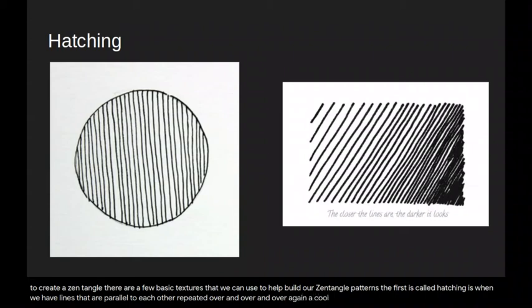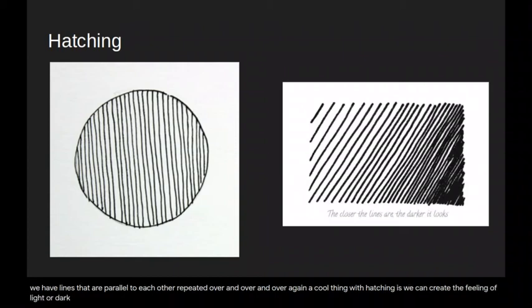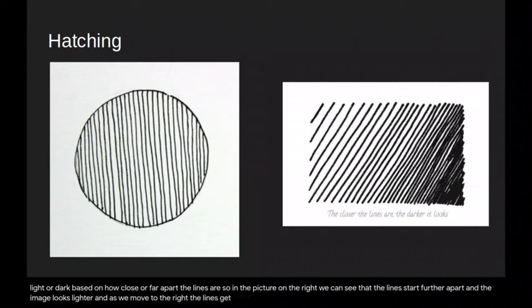A cool thing with hatching is we can create the feeling of light or dark based on how close or far apart the lines are. So in the picture on the right, we can see that the lines start further apart and the image looks lighter. And as we move to the right, the lines get closer and closer together and the image feels darker.